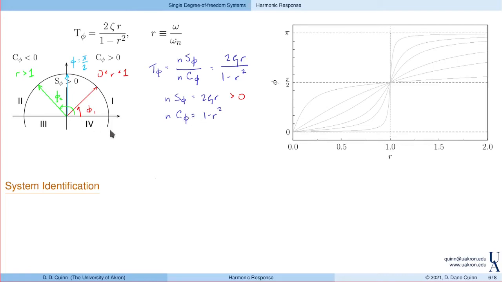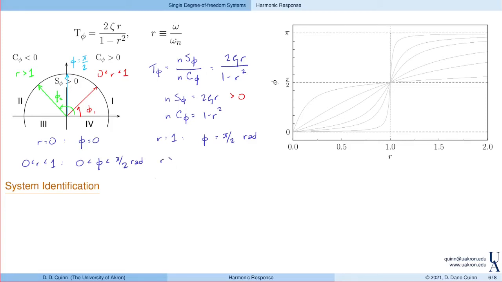So again, kind of looking at these, we see that if r is equal to 0, then the phase shift is equal to 0. If r is equal to 1, then the phase is pi over 2. And we'll do everything in radians. If r is between 0 and 1, then the phase is between 0 and pi over 2, right? So we're in the first quadrant.